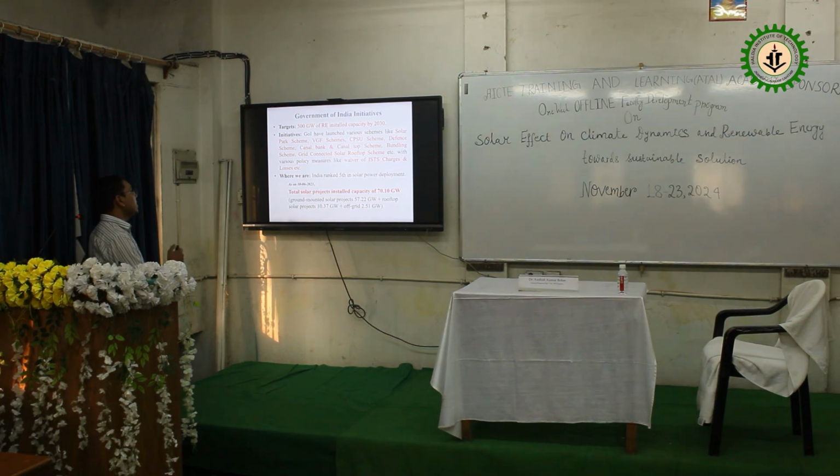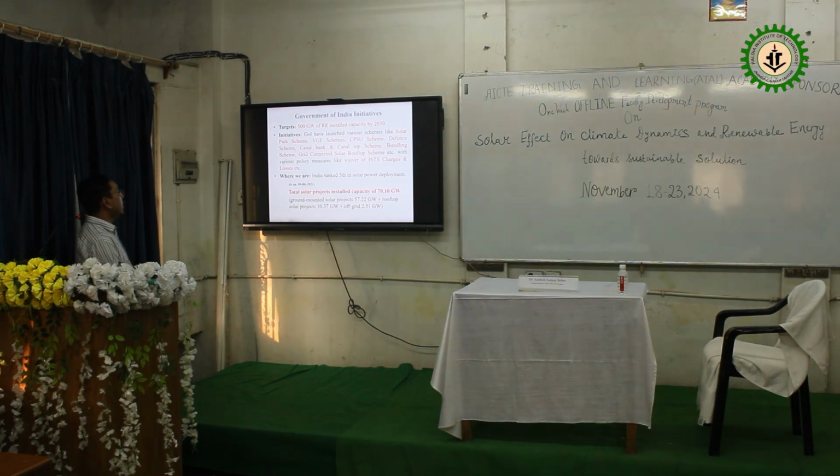This is basically the initiative the Government of India has launched as various schemes, maybe solar park schemes, the CPSU scheme, and defense schemes. Banks have also promoted and given incentives for each of these.